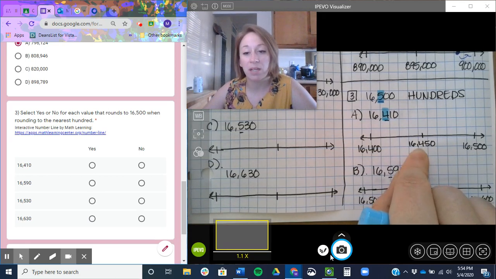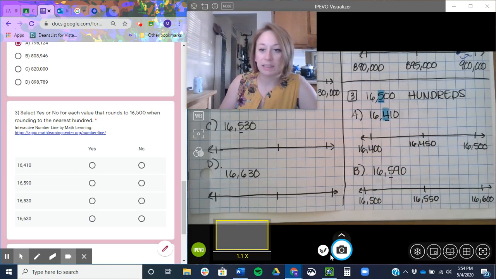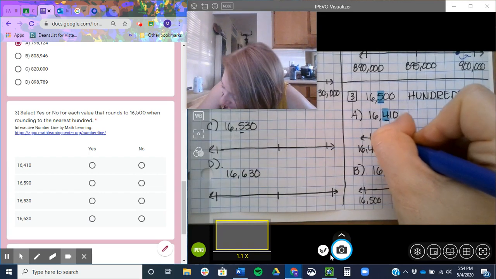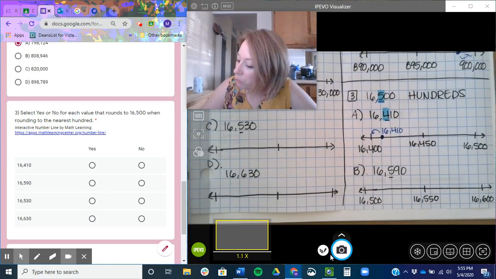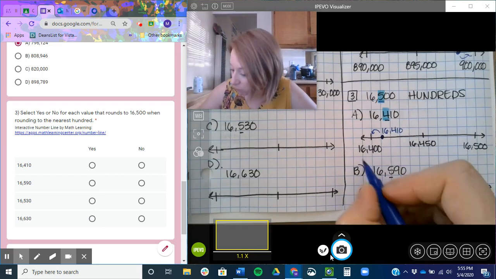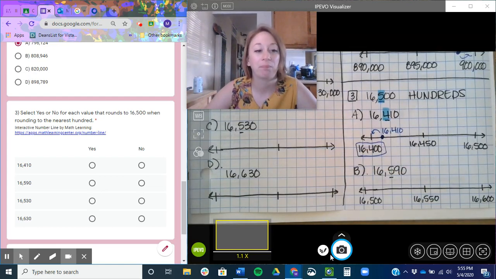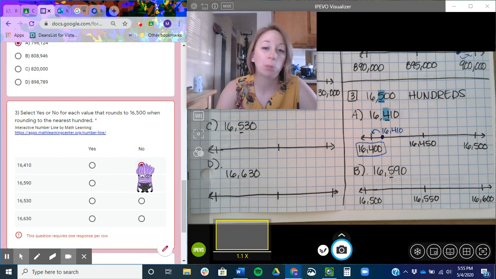The value that's in the middle is 16,450. 16,410 is just after 16,400. So when we're rounding to the nearest hundreds place, 16,410 would get rounded to 16,400. So for choice A, the answer would be no.